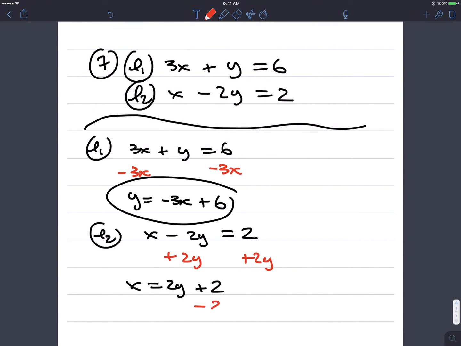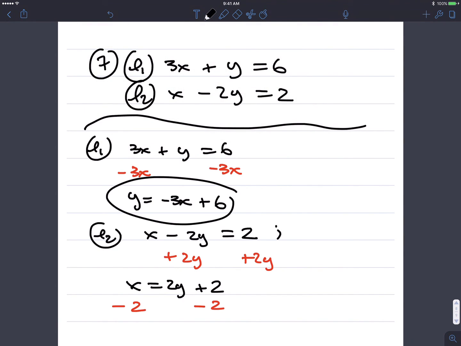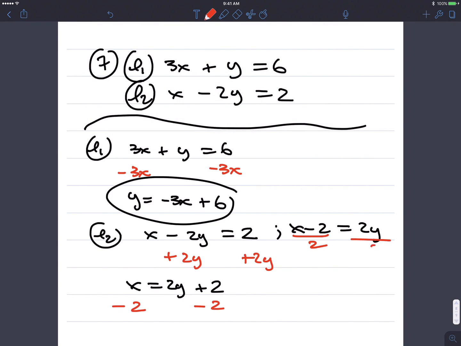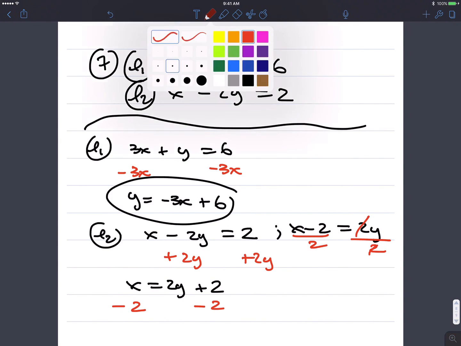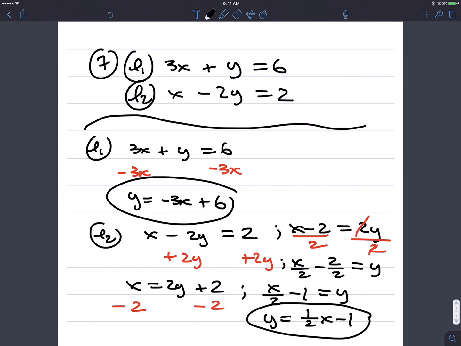I'm now going to subtract 2 from both sides. We get x minus 2 is 2y. Divide both sides by 2. We'll get x over 2 minus 2 over 2 is y, or x over 2 minus 1 is y. Here's my second equation. y is 1/2 x minus 1.